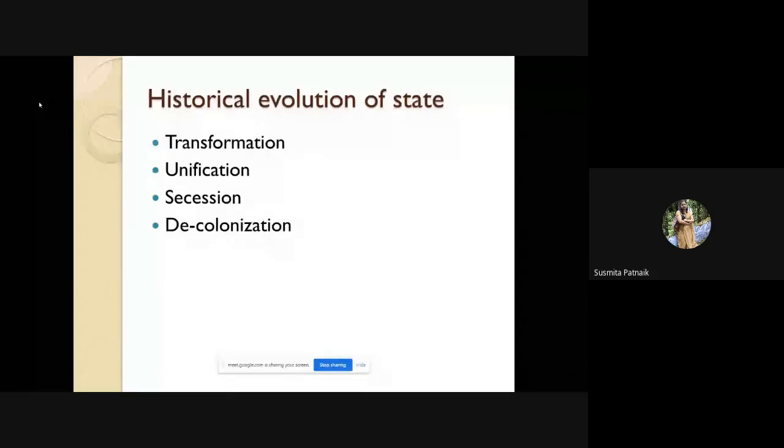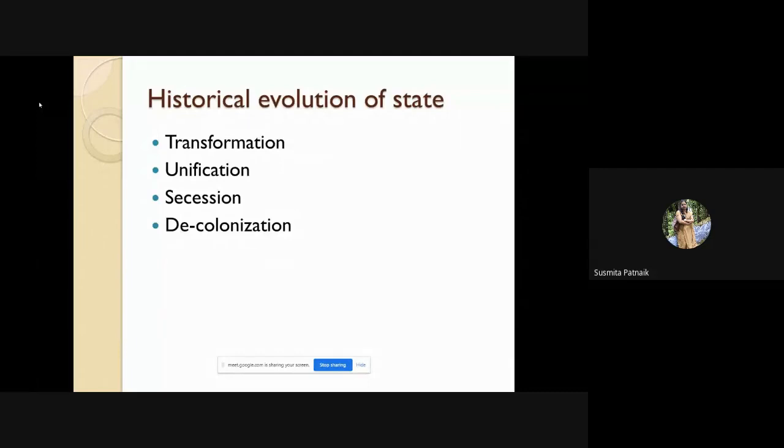Okay, so transformation is here. What do you mean by that? That a state is transferred from a dependent to an independent entity, or maybe a state after getting independence, when it has been transferred from one to another, then that is called the process of transformations.